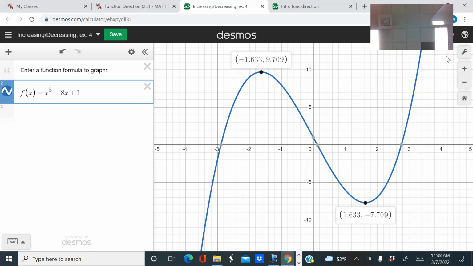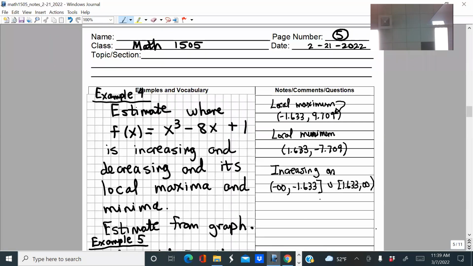Unless we're getting fooled, and there are some more turning points further over here on the right, or more turning points further on the left. It doesn't look like there are, but we don't have the tools for deciding that perfectly. That's another thing we'll learn in calculus, though. How can we be sure that there aren't any more turning points on the right or on the left, even though it certainly looks like there aren't? And then decreasing between the two turning points.